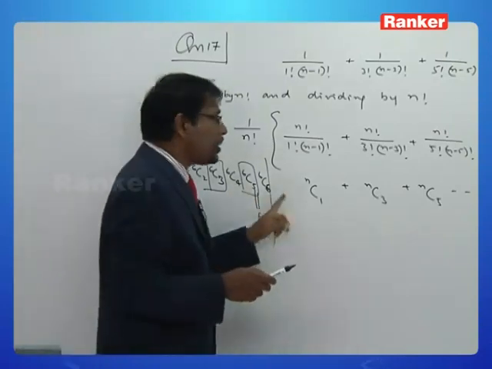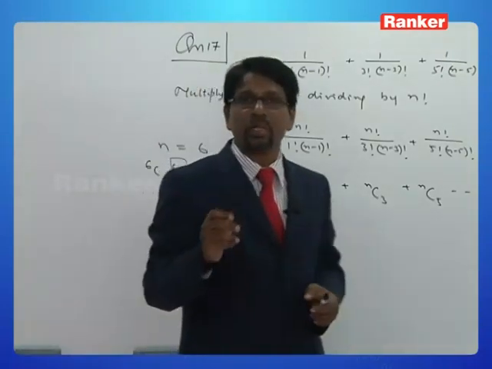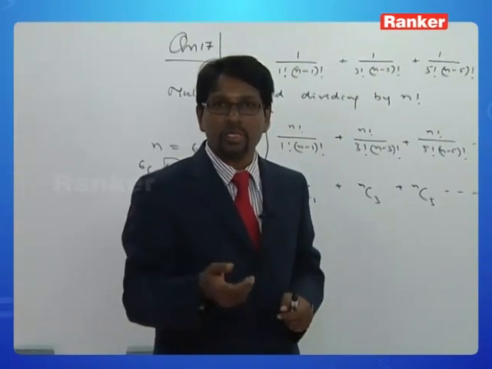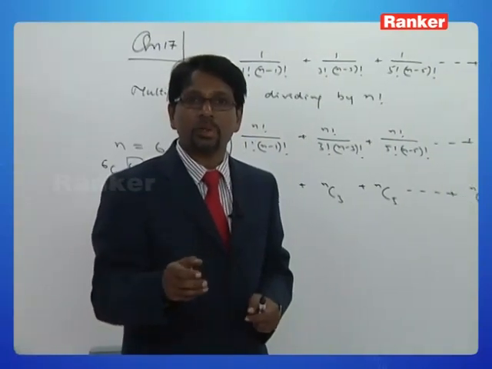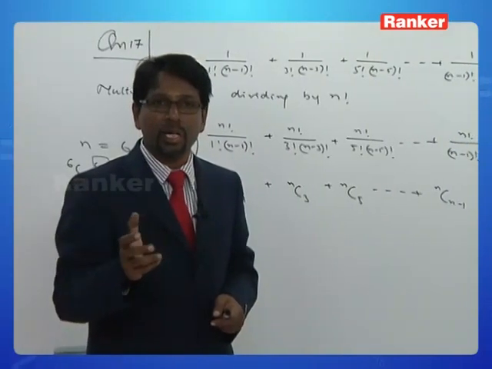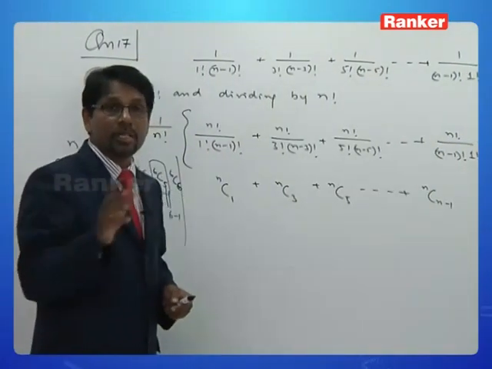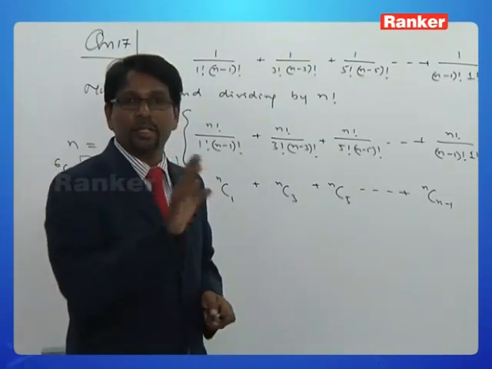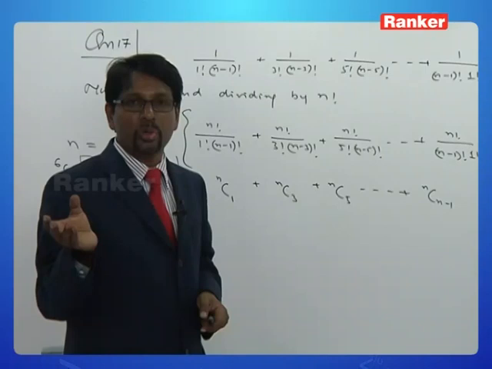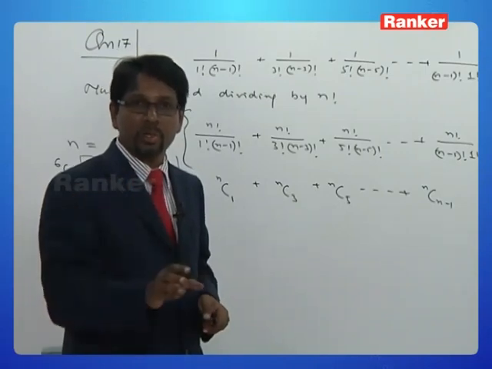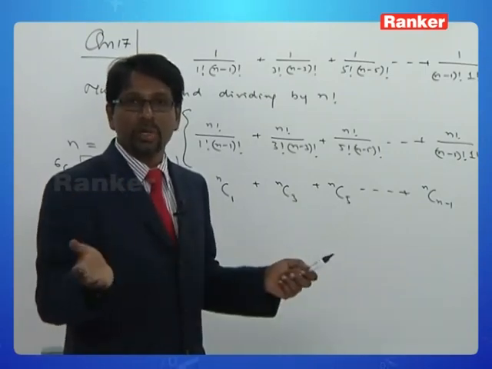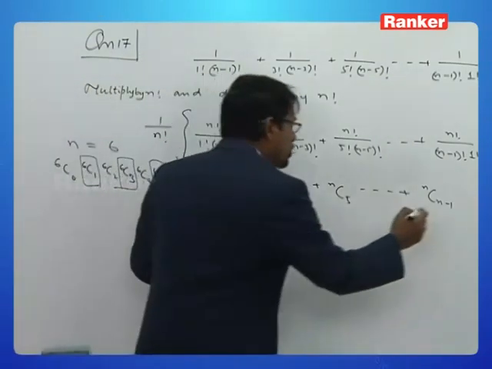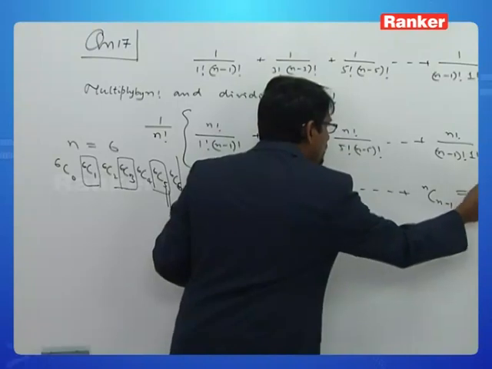So we know that the sum of the binomial coefficients with even suffixes is equal to the sum of the binomial coefficients with odd suffixes, and each is equal to 2 raised to the power n minus 1, because the sum of all the binomial coefficients in the expansion is 2 power n, and each should be half of 2 power n, that makes it 2 power n minus 1.